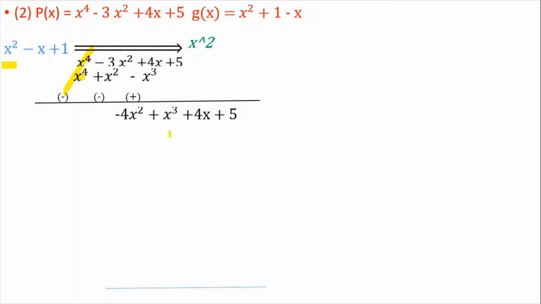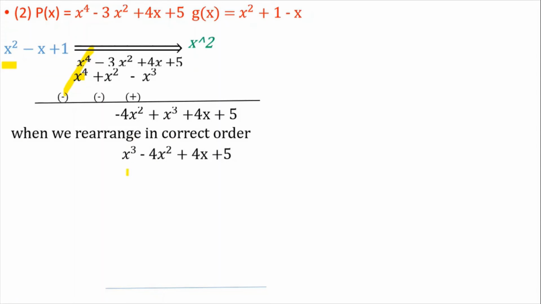But here the powers of x are not in proper order, so we can arrange this expression in descending order of powers of x. So we get x cube minus 4x squared plus 4x plus 5.